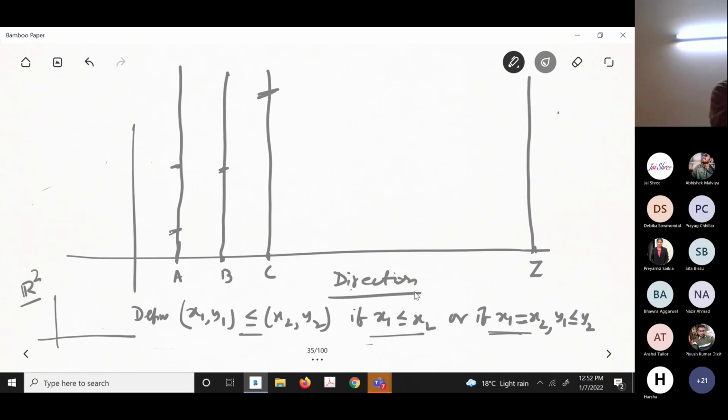Now look, suppose you choose all these things greater than or equal to this, basically, some points. Suppose this is your x naught, y naught.